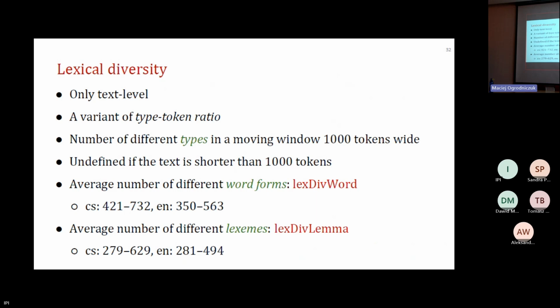And maybe an interesting thing about Czech, comparing Czech and English. You have these ranges, for all types of texts. And you see, predictably, that the English numbers are lower. But they are actually not so low as you might expect.